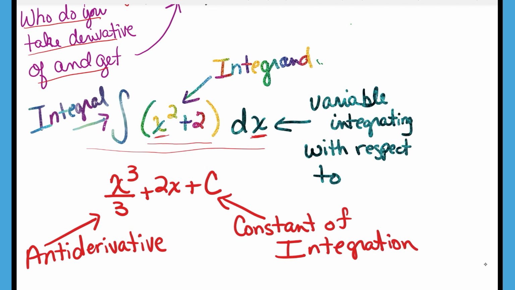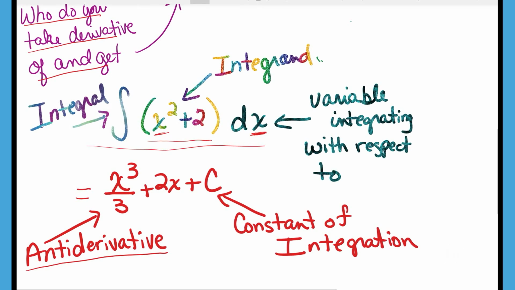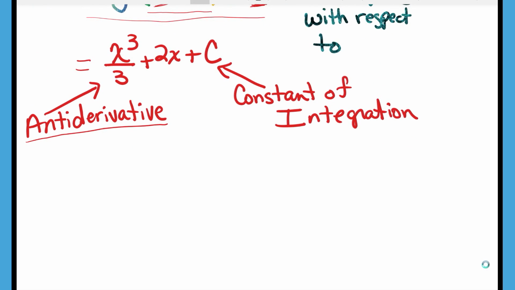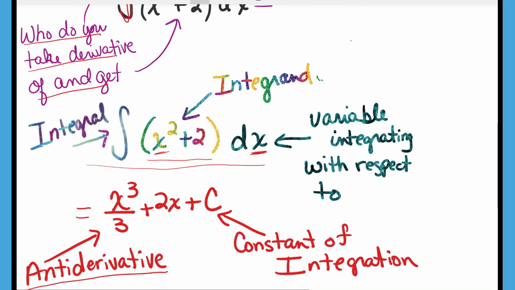The answer that you get, so that's like your equal, because it's against the derivative, is called the antiderivative. That makes sense to me because it's going backwards. And the C has a special name. It's called the constant of integration. So this little video is very short, and it's just to give you some vocabulary that you're going to be hearing.